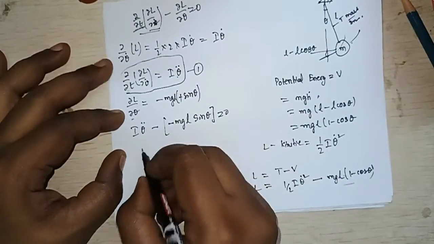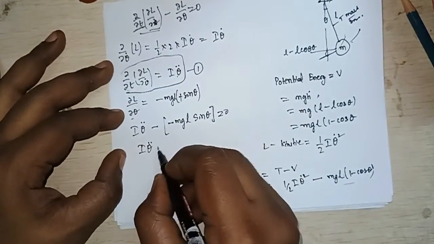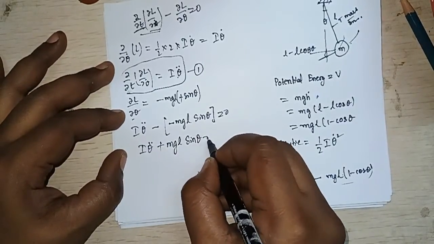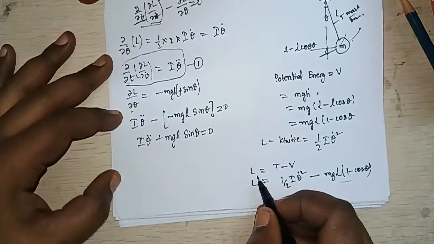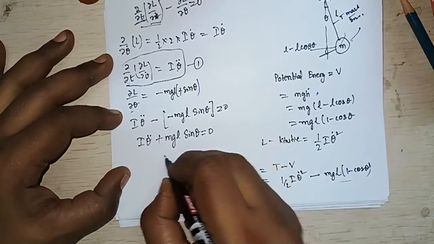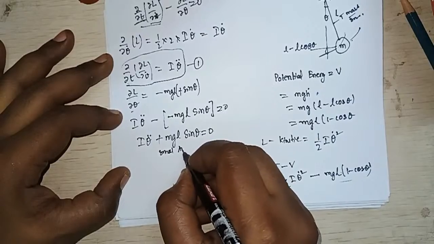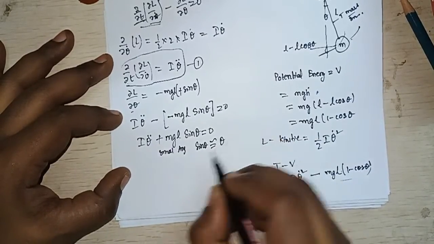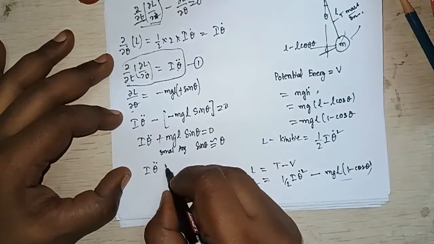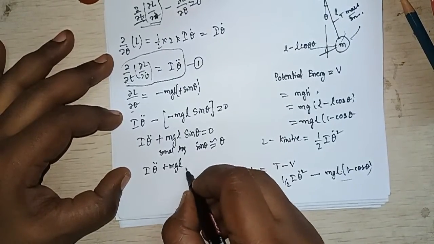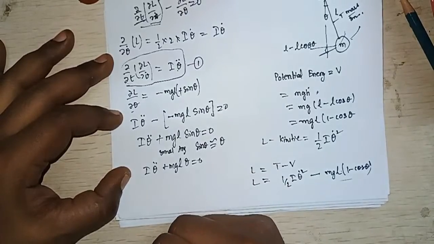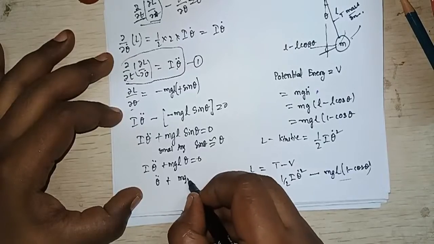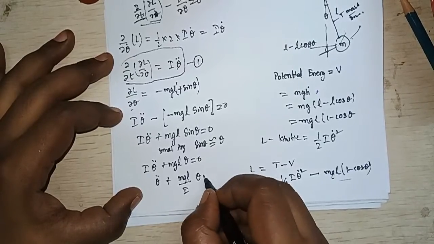So I theta double dot plus mgL sin theta is equal to 0. Now for small angle, sin theta is approximately equal to theta, so I into theta double dot plus mgL theta is equal to 0. Now see the magic, theta double dot plus mgL by I theta is equal to 0.